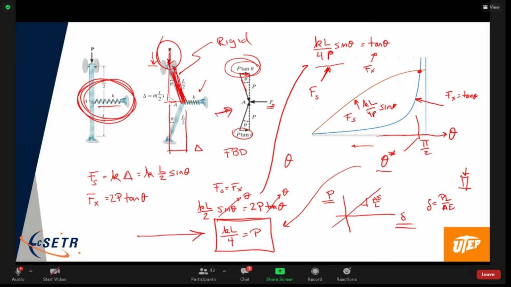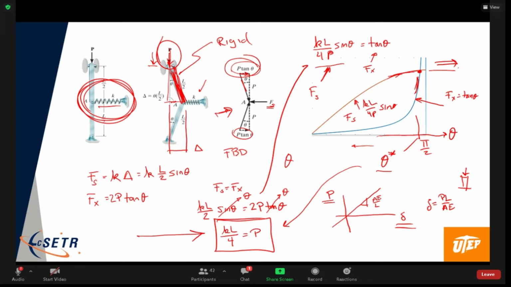The spring force is higher than the force transmitted from the external load. So the spring force has the ability to push you back. It's got more reserve. When we go beyond here, where theta becomes greater, the spring force is not sufficient. And then the force due to the tan theta component becomes really big and the deflection goes to infinity.